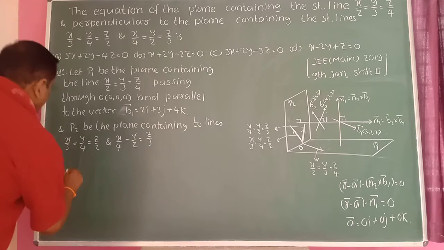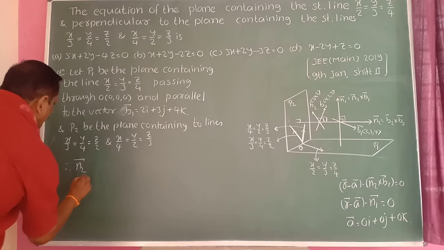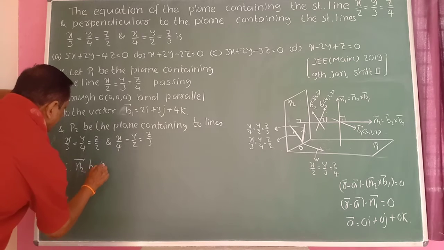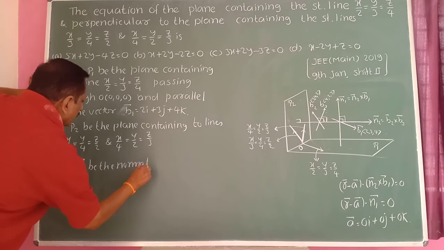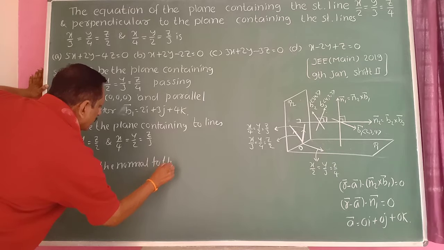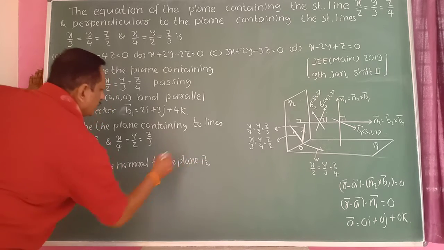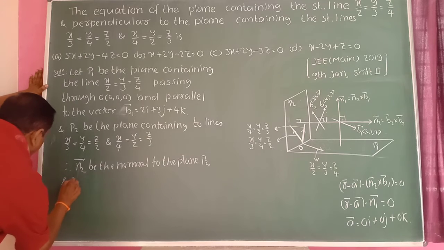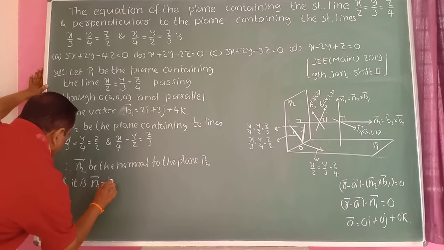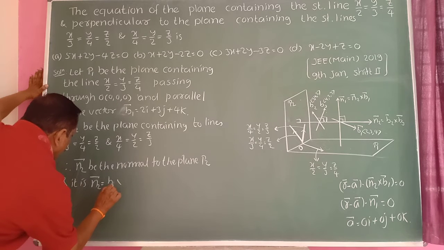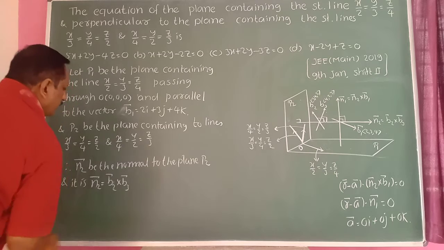Therefore, let n2 bar be the normal to the plane P2, and n2 bar is equal to b2 cross b3.